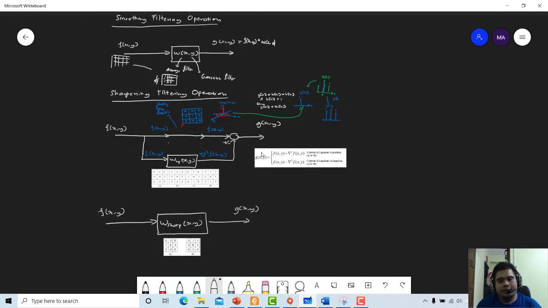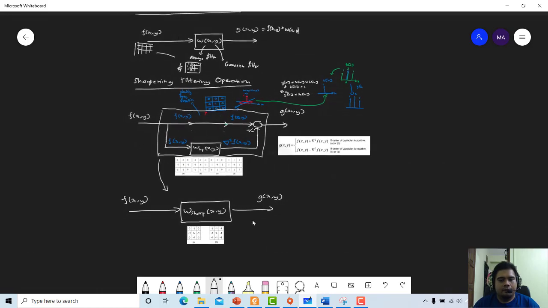Instead of a very complicated block diagram over here, we want to compress everything into one block. If they become one block, then you can draw it this way, where you have one W sharpen, the W sharpening. You do convolution with your input image. You convolve your input image with this sharpening window, W sharpen, to get your sharpened image.